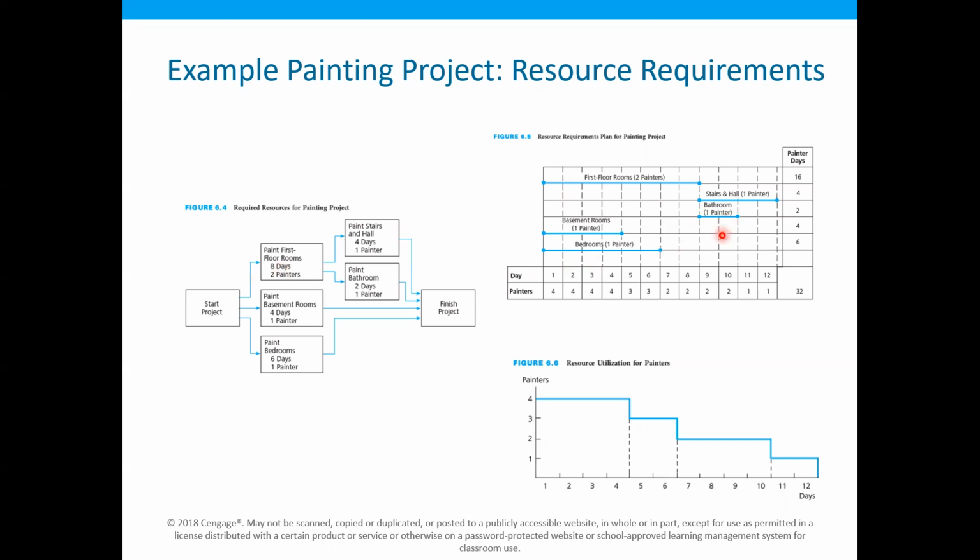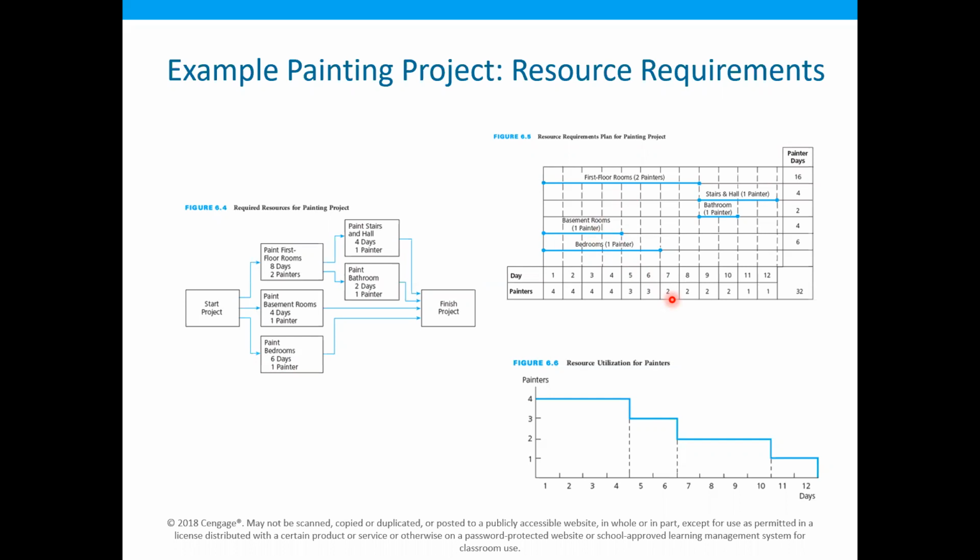The other paths are painting in the basement room and painting in the bedroom, just considering only one activity. So this is a very simple example for illustration purposes. All these activities in this schedule have been scheduled at their earliest start time.